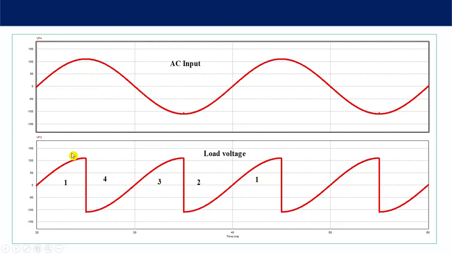Because of that, voltage stress across the switches or switching losses across the circuit increase, as at high voltage you have to turn it off. So V square by R is equal to the switching loss across the thyristor, where R is the resistance of that thyristor.